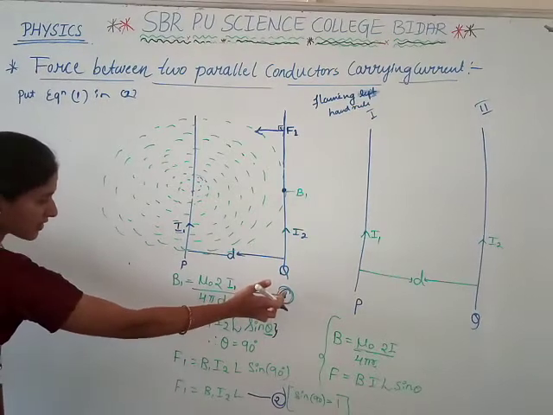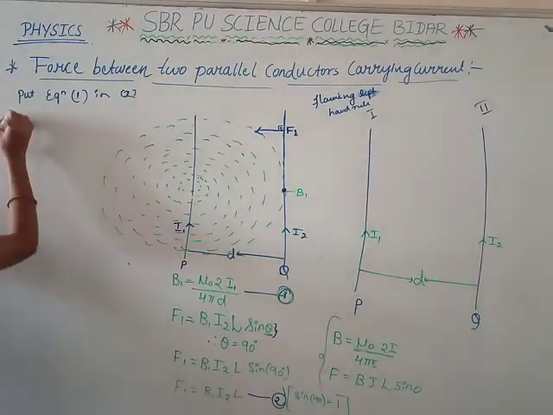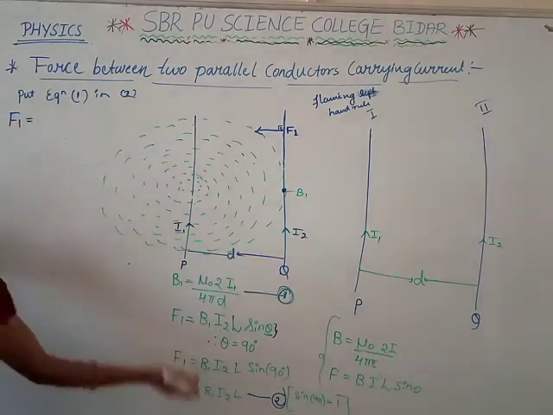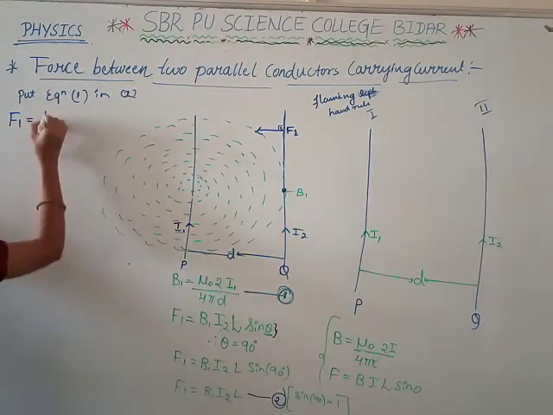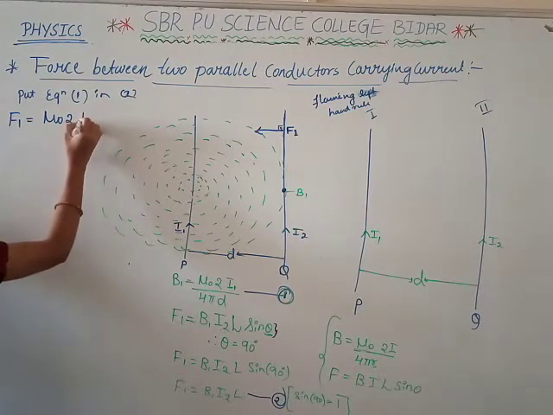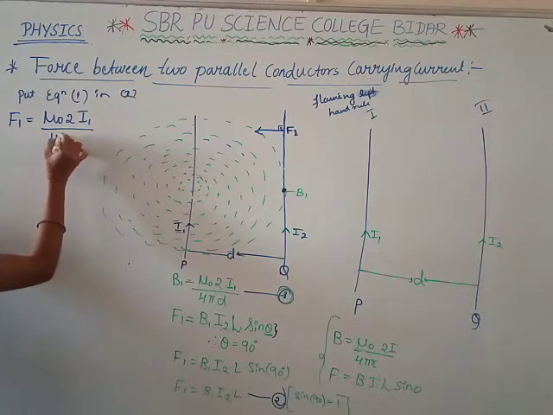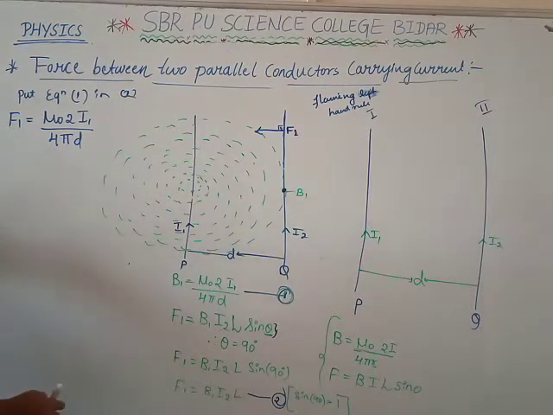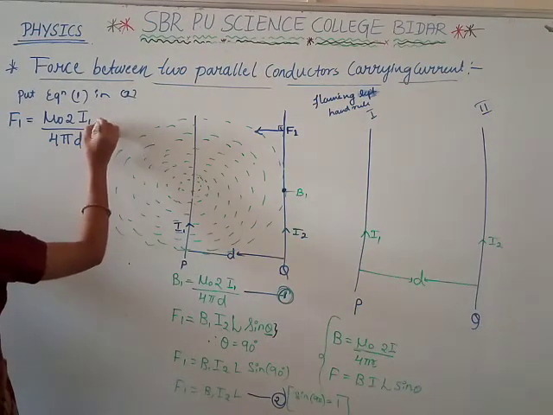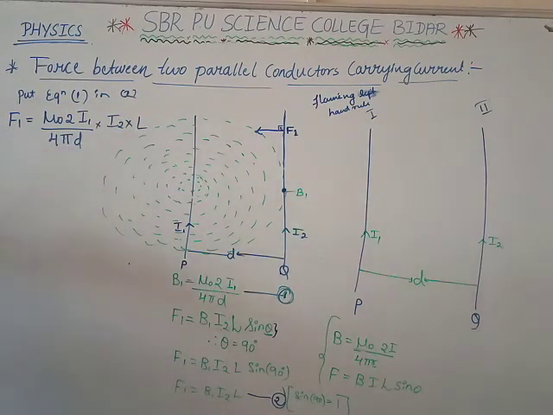When you put equation 1 in equation 2, we get F1 is equal to, we have a B1 value mu naught into 2 I1 divided by 4 pi into D into I2 into L here.